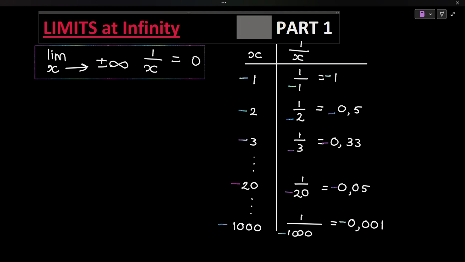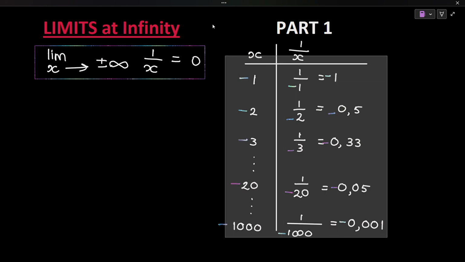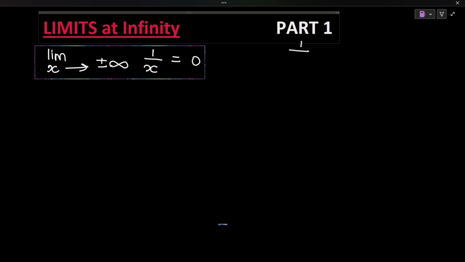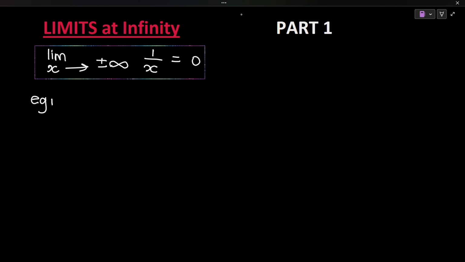We are now going to look at a few examples where we apply this and see exactly how we're going to make use of this rule. So let's call this example 1.